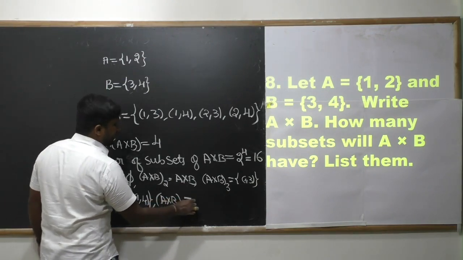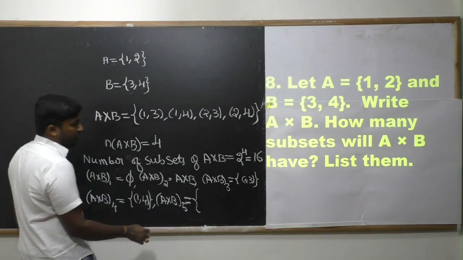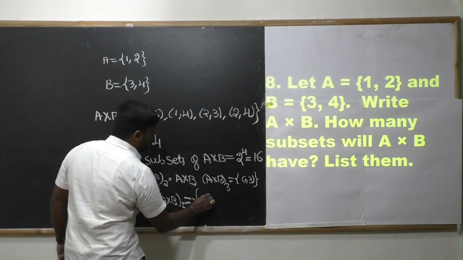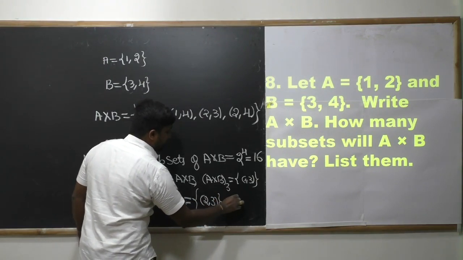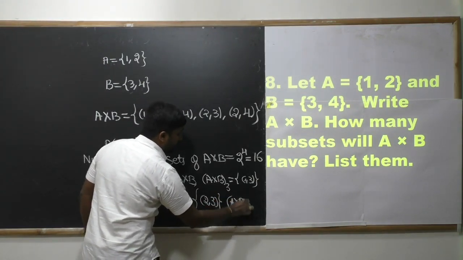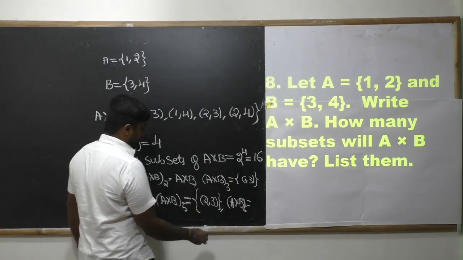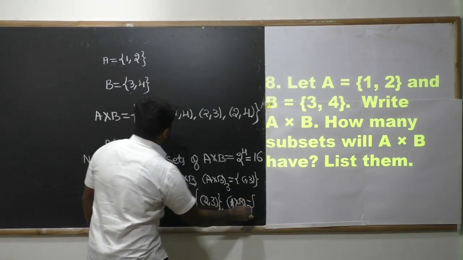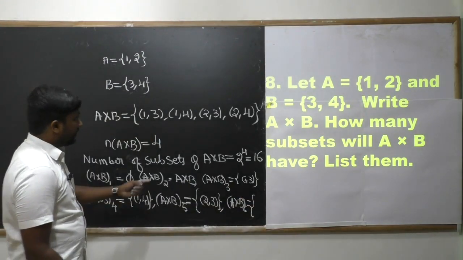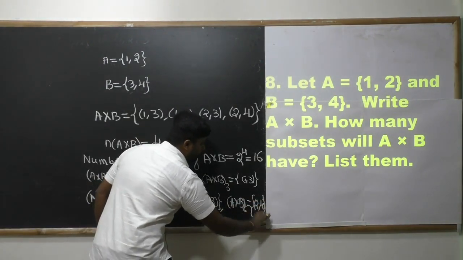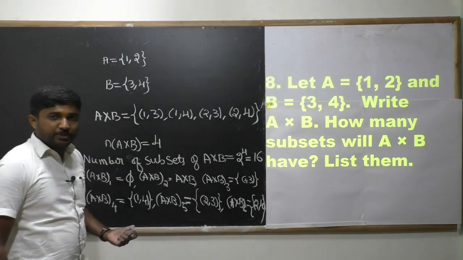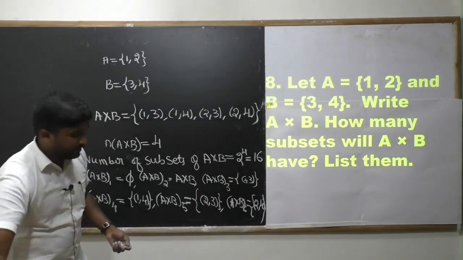The fifth subset is the set with ordered pair 2 comma 3. Next, the sixth subset of A cross B is the set with ordered pair 2 comma 4. Sixth subset over, 10 more remaining.